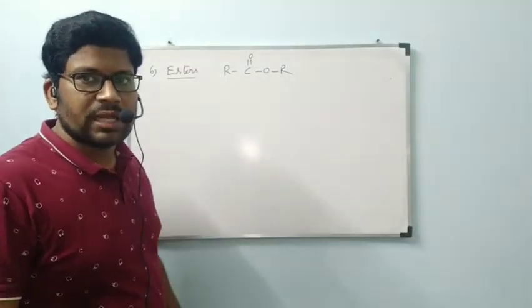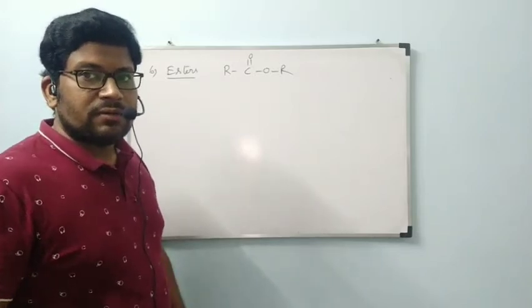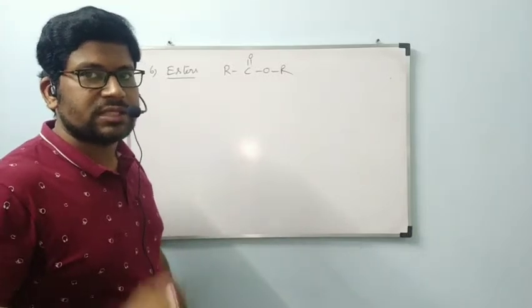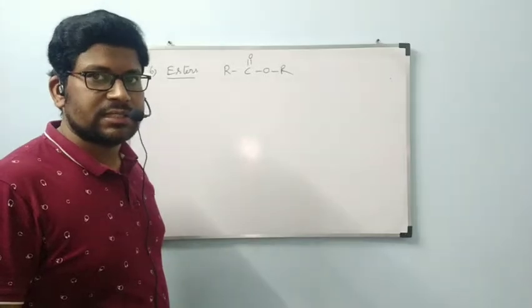The R group is called an alkyl group. Okay? Now, in the way we have seen names of ethers, here also classification of esters will be taken. Two types, symmetrical esters and unsymmetrical esters.